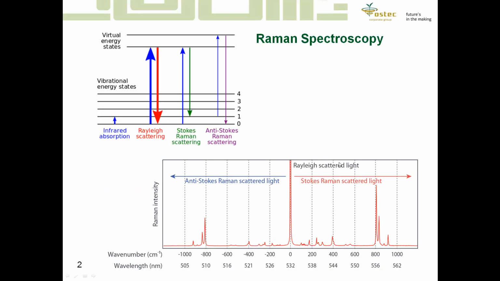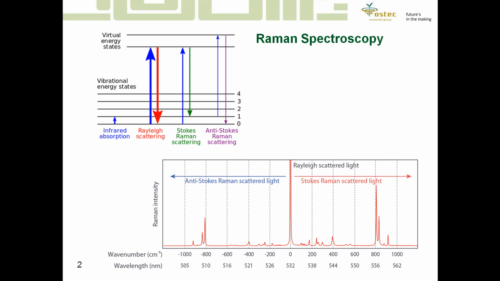What is Raman spectroscopy? It is inelastic scattering: when the excitation photon interacts with the material, with the structure, there is a probability that the emitted photon has a different energy, and the difference corresponds to energy level density and energy level populations.